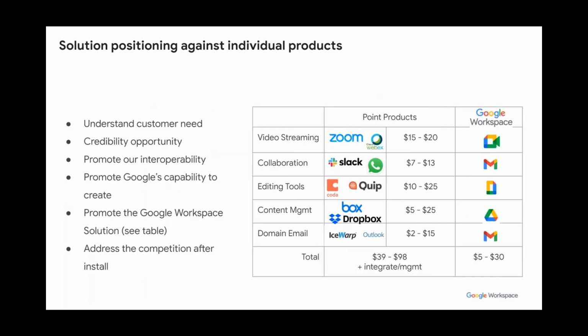This helps you put this sort of slide together for your customers, which says, okay, now that we understood where we are, here's what you're looking at today, just from the top five pieces of what you'll do: streaming, collaboration, editing, content management, domain. This can change depending upon the conversation you've had with them. It could be security here, it could be chat, it could be a variety of other things.